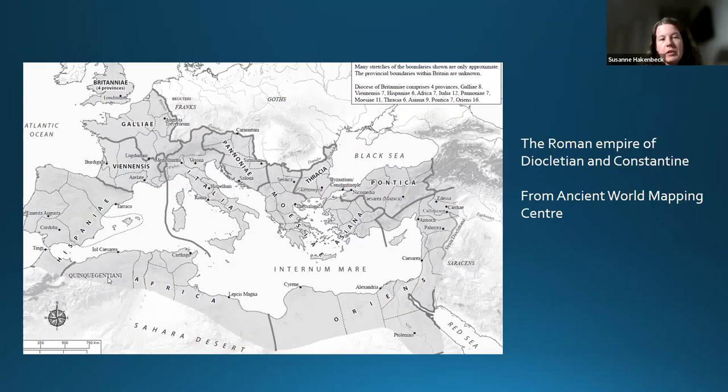Because if we take a deep time perspective, then we can see that the Danube throughout prehistory has been a great connecting artery between the Black Sea and then by extension also the Mediterranean, and then Central and Western Europe.